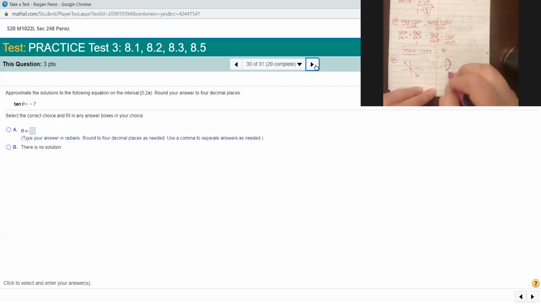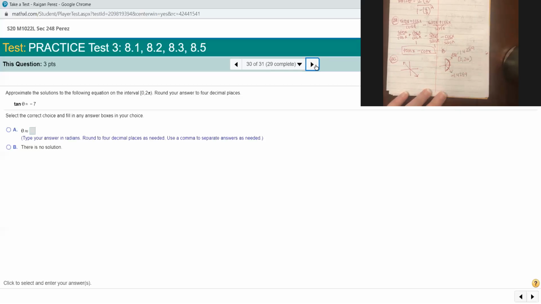So the angle the calculator gives us is this one, and it's negative 1.4289. But if you notice, they want our answers between 0 and 2 pi. So it's the positive versions. This is the same thing as the reference angle, which would be over here, just the positive version.